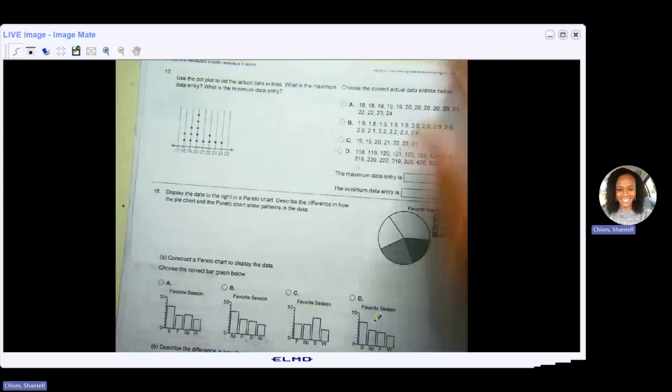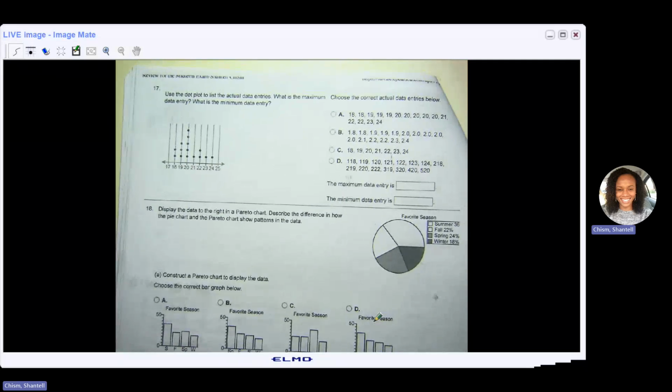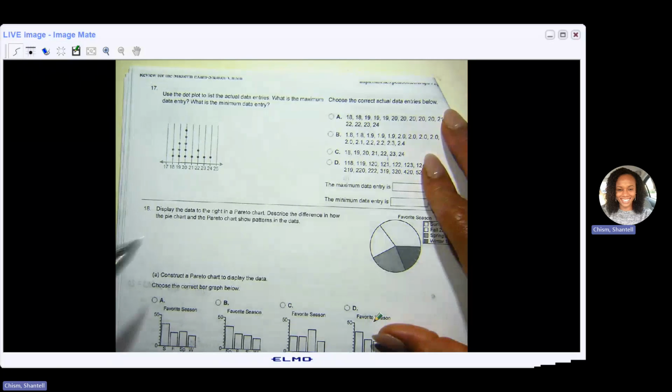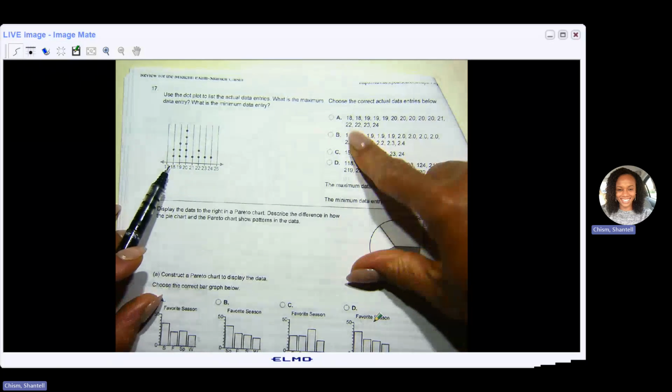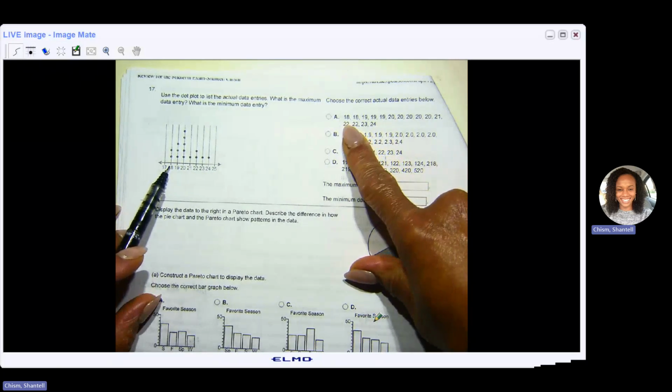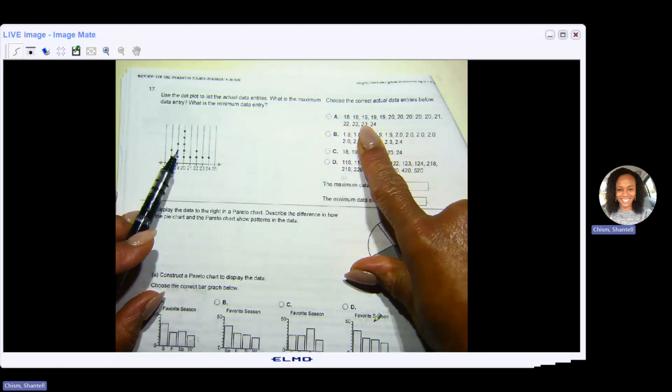Moving on to number 17, it's asking us to write out the actual data entries from this dot plot. So these dots represent whole numbers and they're placed at their particular value. There are 2 dots at 18. That means we have 2 data entries in the amount of 18. So 2 18s. We have 3 19s.